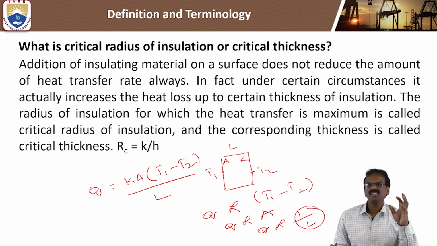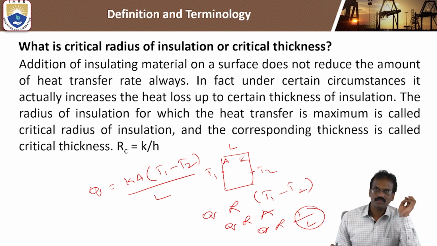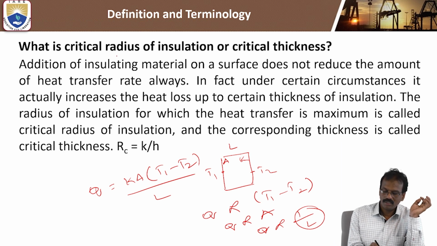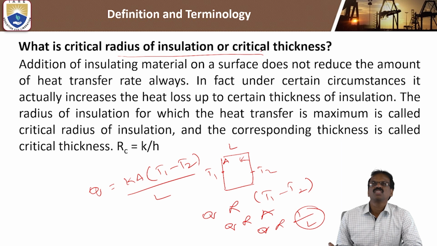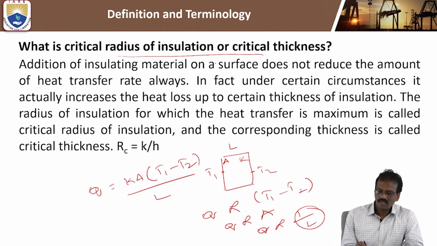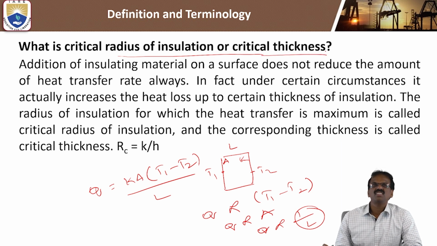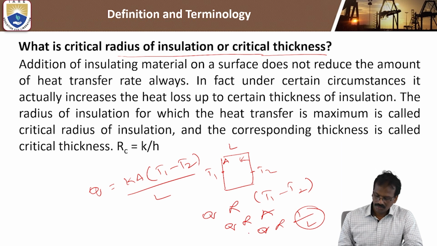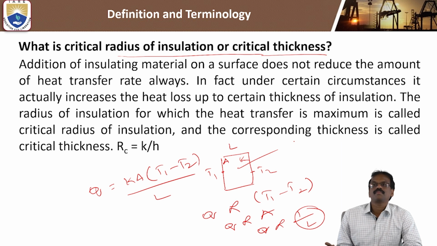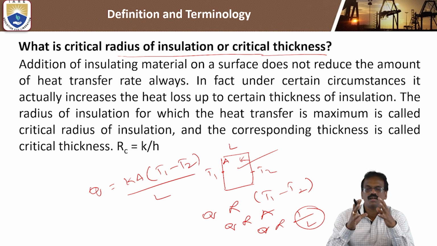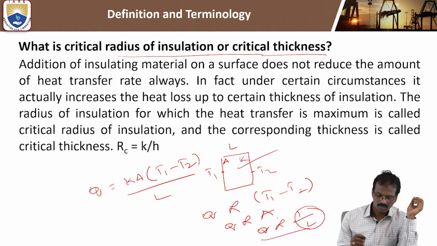If the thickness increases, heat conduction will decrease. So for critical radius of insulation, if the thickness increases, the rate of heat transfer should decrease. In the case of slabs, it is okay. If the thickness of the slab increases, the rate of heat transfer Q will decrease based on Fourier's law.